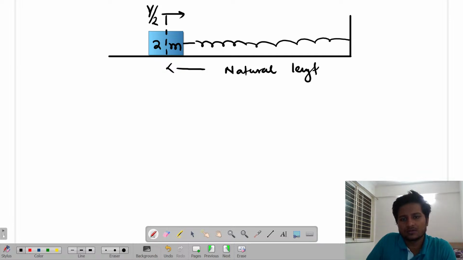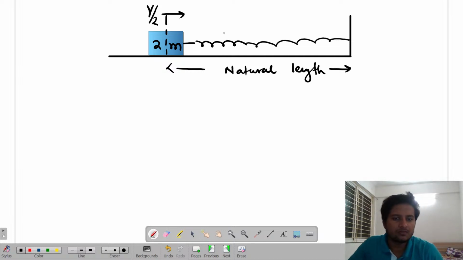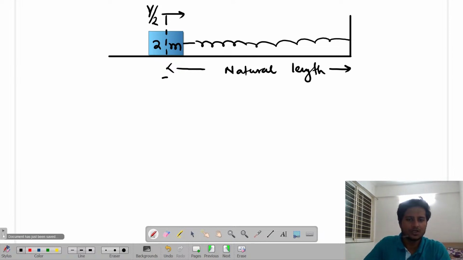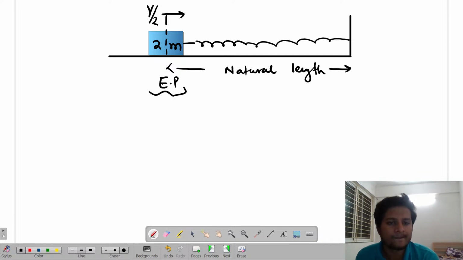Okay. Now, from here, what will happen? Suddenly, a time will come, since there is no external force. So, can we treat this as an equilibrium point also? Basically, the velocity is imparted, no acceleration is provided. So this is also an equilibrium point. Now, what will happen? This block will start sliding and it will compress the spring.